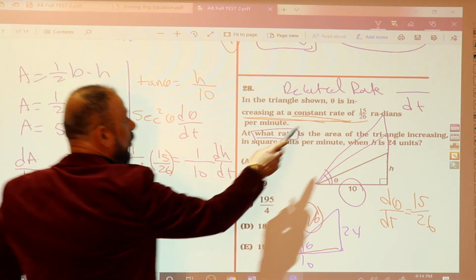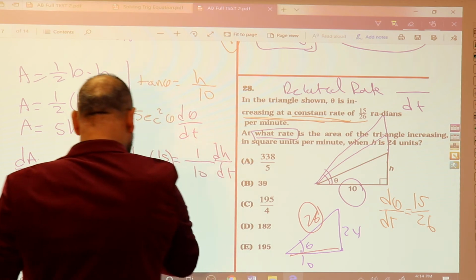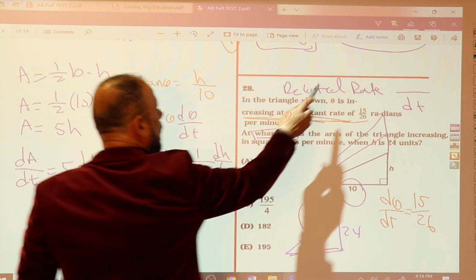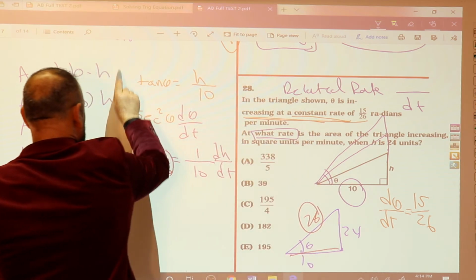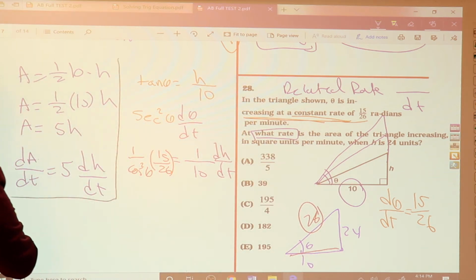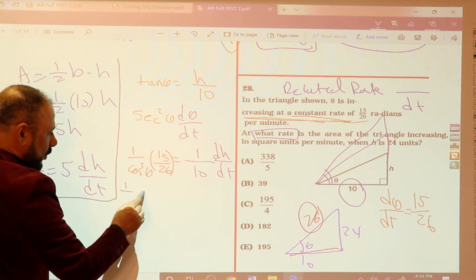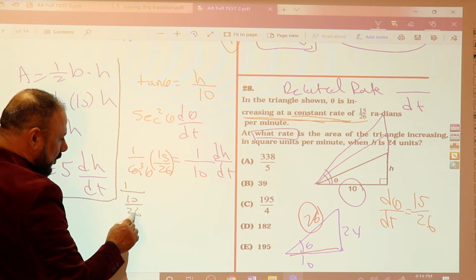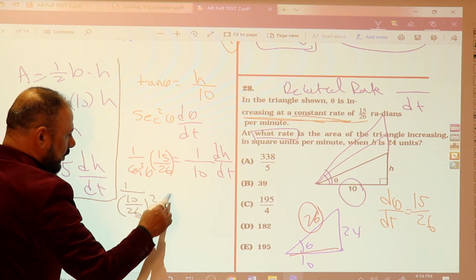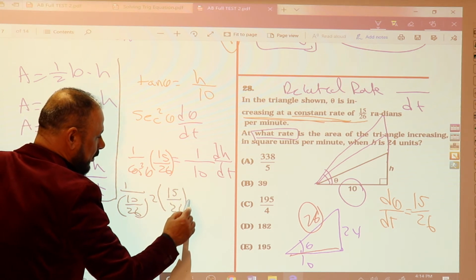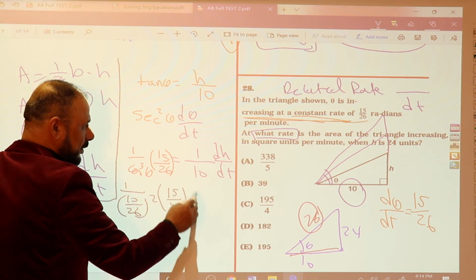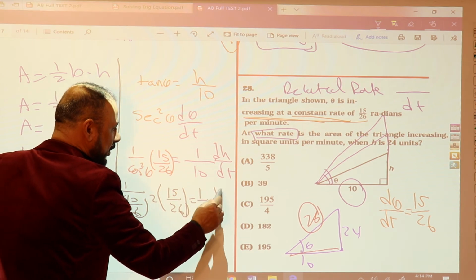Then 1 over (10 over 26) square, times 15 over 26, equals 1 over 10 dh by dt.